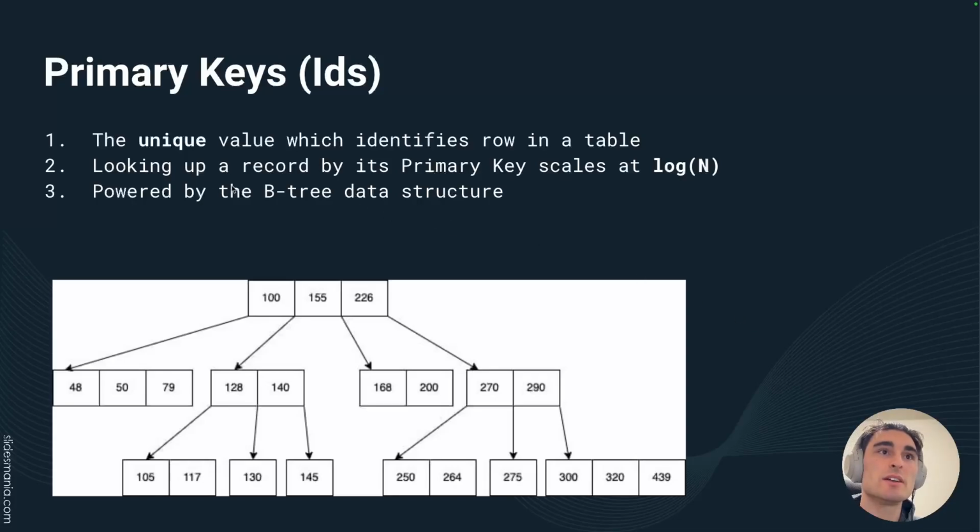However, that also explains why it has to be unique, because if we had tried to have two different values with an ID of 250, we wouldn't know how to differentiate them. The underlying workings of B-trees are covered much better by other people, so I'll leave some links in the description, but you don't need to understand them too deeply to understand how to work with a database.